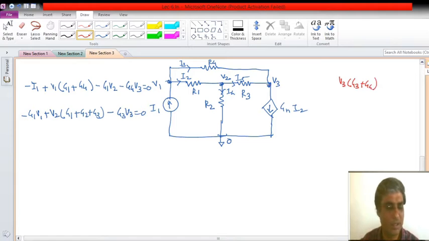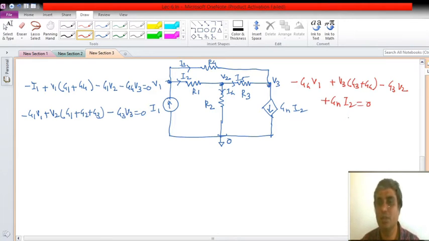Then minus, for 3 to 2 and 3 to 1, minus G4 V1, and between 2 and 3, minus G3 V2, and one more current is leaving, so it is plus I2, which is equal to 0.